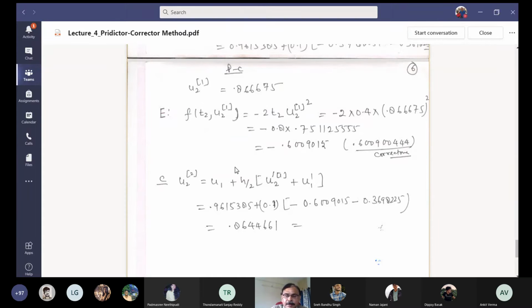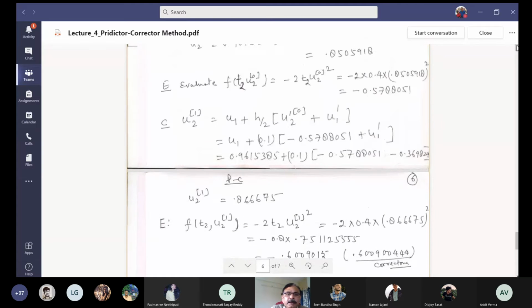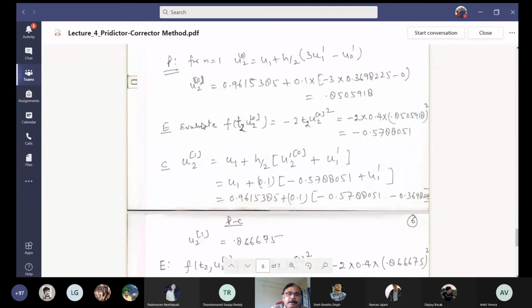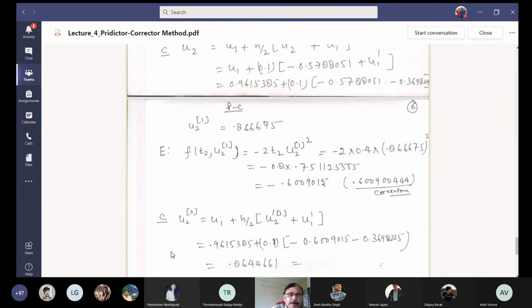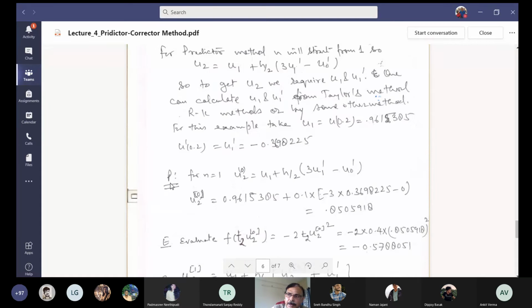So that's the reason you may find in the book that it is written as P, E, C, E, and then C like that. Means this sequence is there: predict, evaluate, correct. Then evaluate, correct. Evaluate, correct. How long will you go?